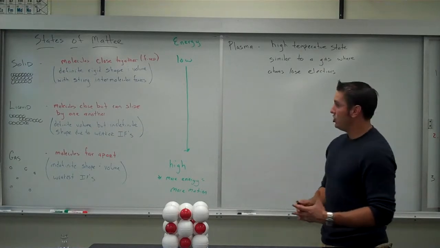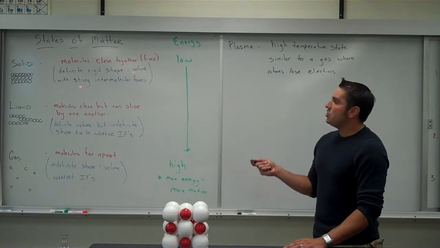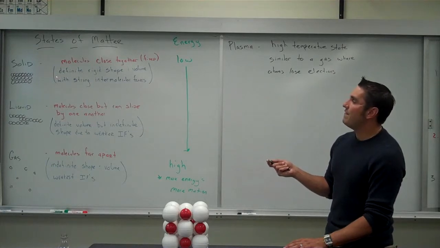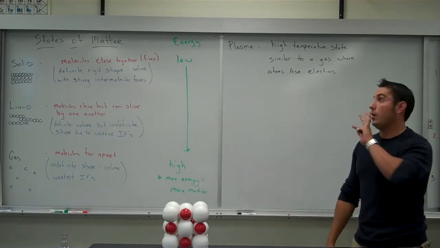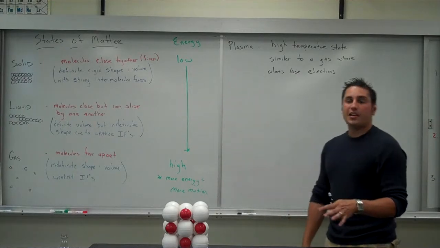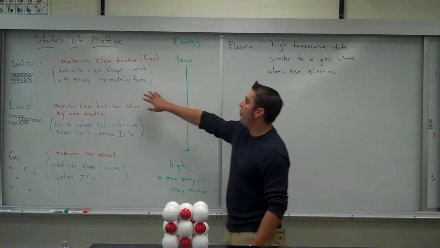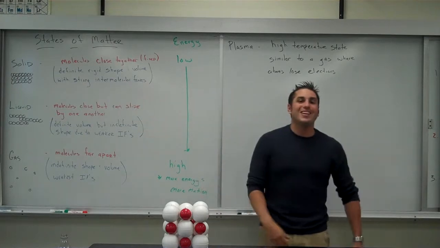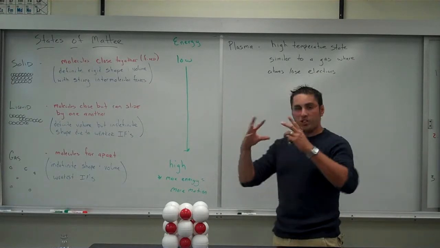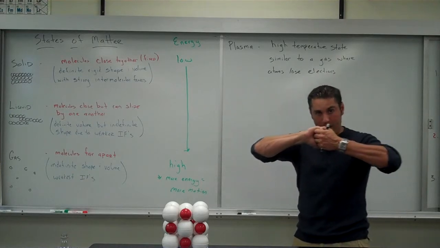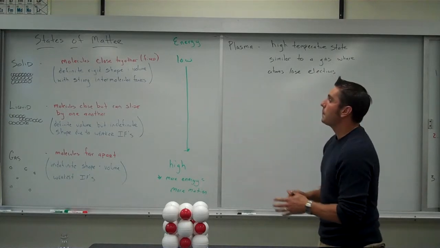It doesn't change. The reason it doesn't change is because solids have very strong intermolecular forces. We could talk a whole other period on intermolecular forces. All I want you to know is that it's the stuff that holds things together. Intermolecular forces are attraction forces that make things stay together.